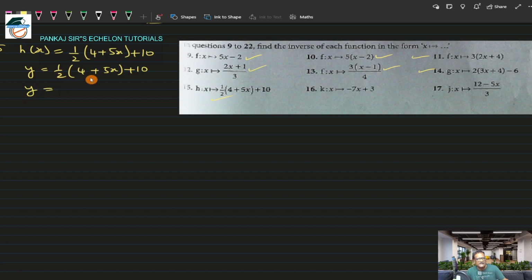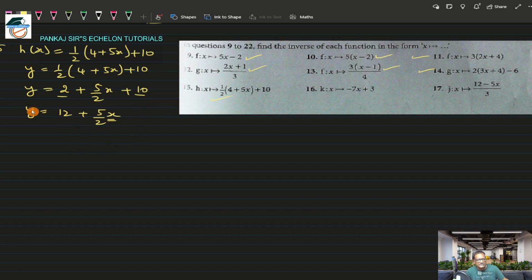Y is equal to, now let me open this bracket. So this will be 4 by 2, that is 2, plus 5 by 2x, and then plus 10, right? Now this can be written as y is equal to 2 plus 10, can I write as 12? 12 plus 5 by 2 x. We want to make this x the subject.